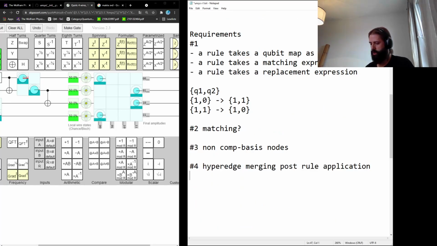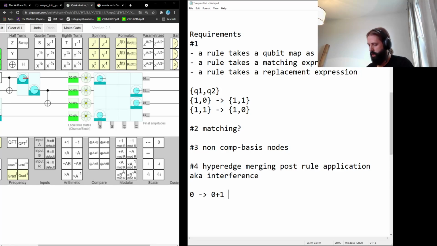So that is actually basically interference, right? If I have a node in the 0 state, just one hyperedge, then it turns into the 0 + 1 state. That will be the Hadamard rule, right?